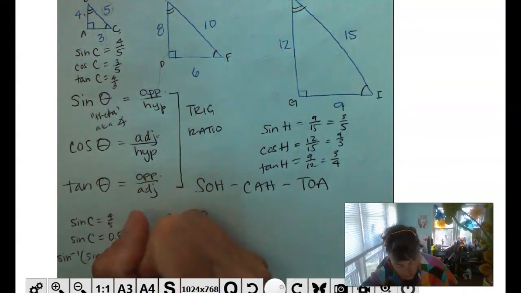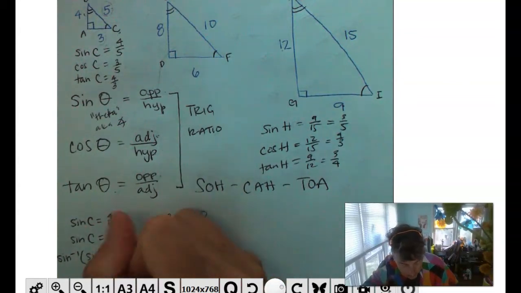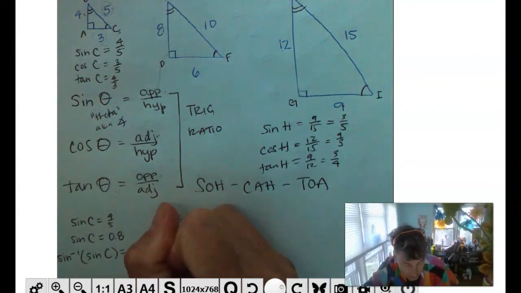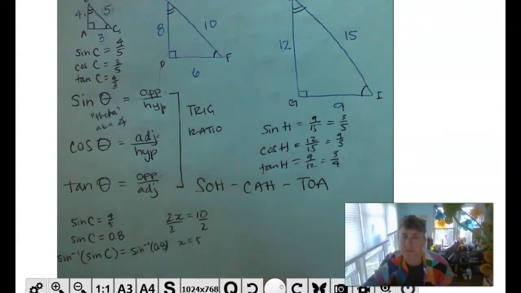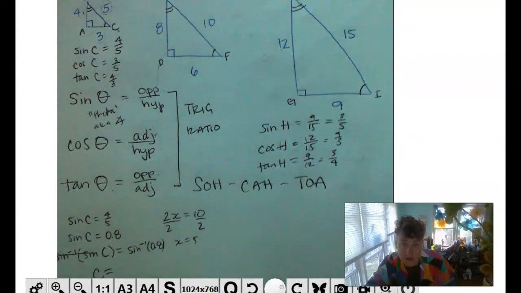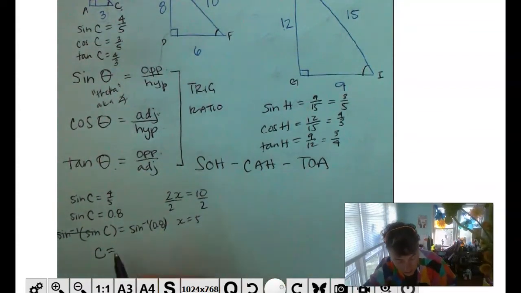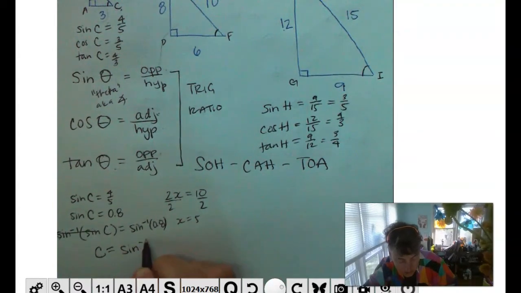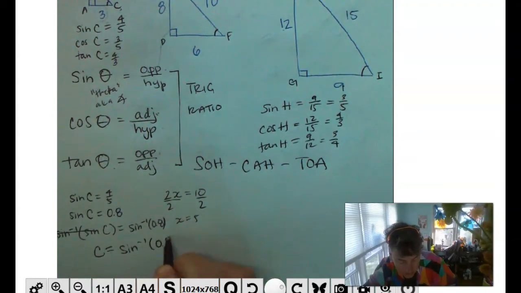So we'll have the sine inverse of sine of C will equal the sine inverse of 0.8. When we do that, just like here, the 2's canceled out. This sine inverse of sine cancels that out. So we have C equals the inverse sine of 0.8.